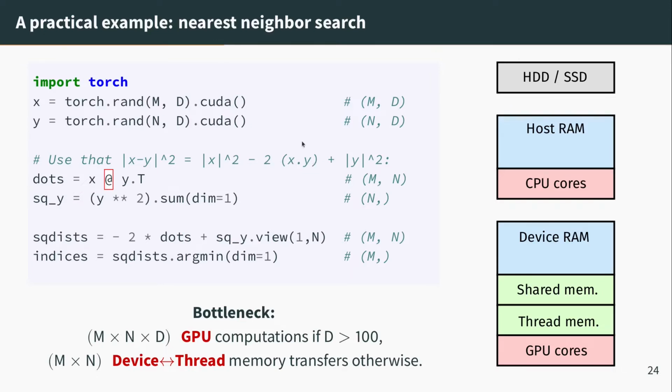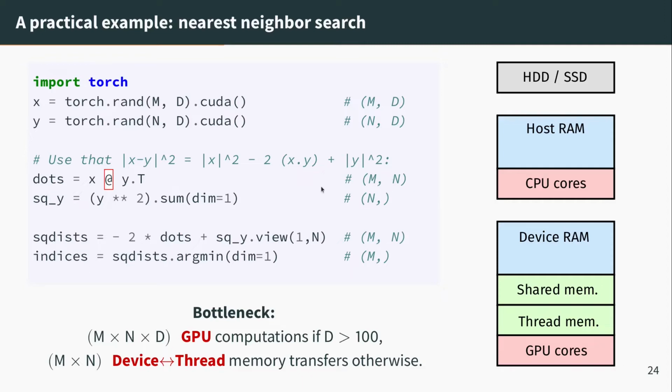And then realize that computing all the dot products between the Xi's and the Yj's exactly corresponds to a matrix multiplication between the matrix X and the transpose of the matrix Y. So X is an M by D array, Y transpose is a D by N array, and so X @ Y.T, meaning matrix multiply, is going to give you all the dot products between the Xi's and the Yj's.